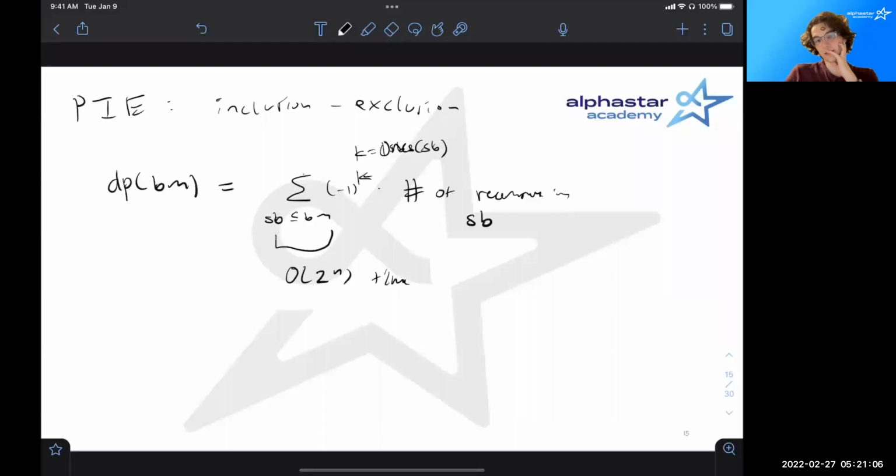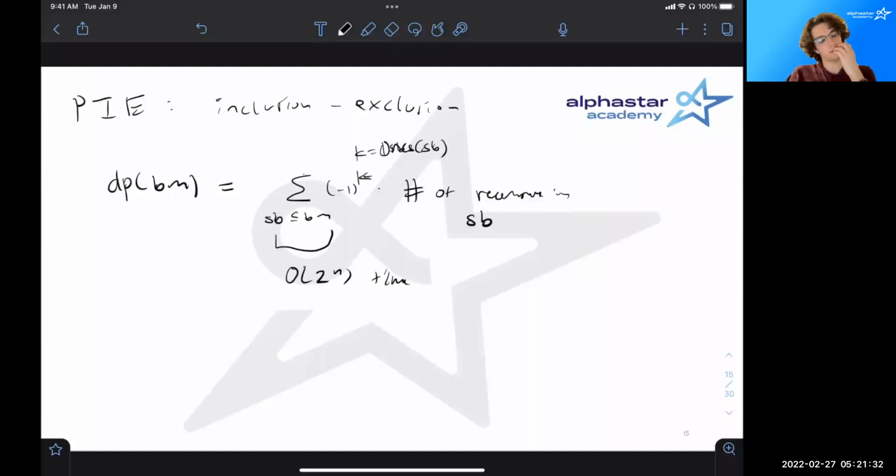This would work efficiently, again, to compute the value for a single bit mask. But at least we kind of remove the dependence on k in some sense, and we don't really find the cycles. I'm not even 100% sure this works.